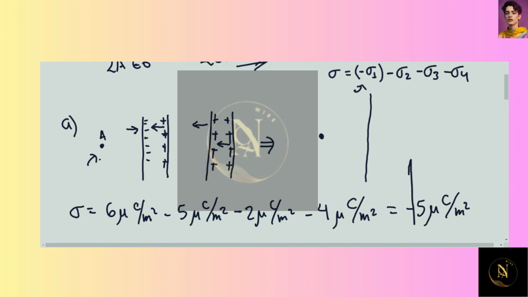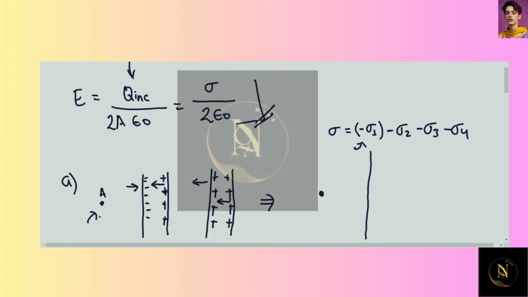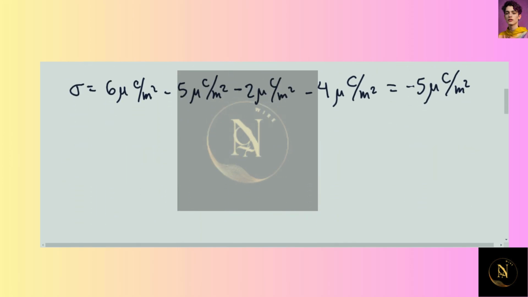Now, as we found in the beginning of this problem, the electric field is, in this case, the total surface density charge over 2 times the vacuum permittivity. So we obtain that this is equal to sigma over 2 times epsilon 0, and the value of sigma is 5 microcoulombs per meter square over 2 times epsilon 0.